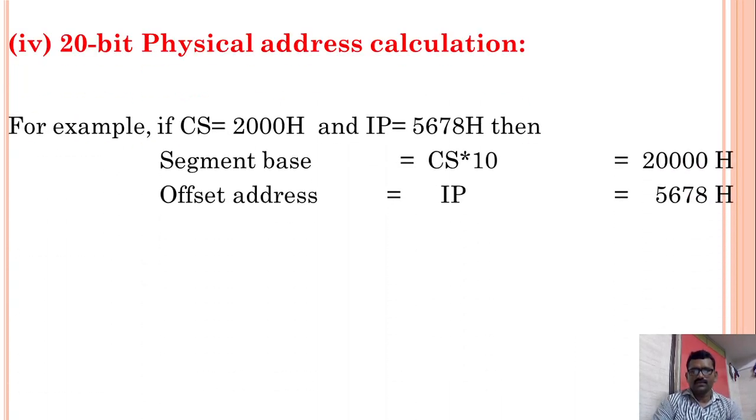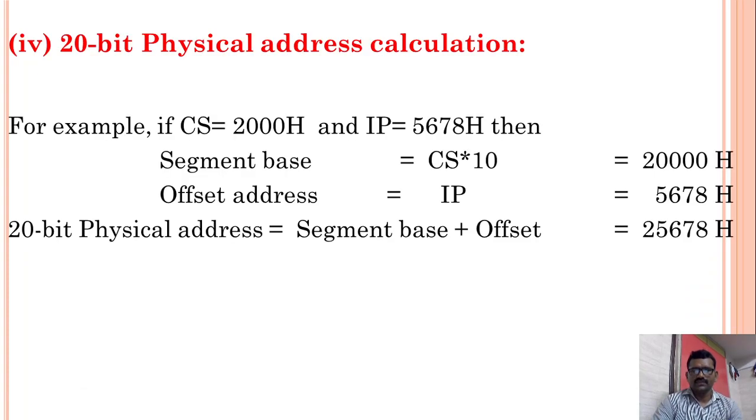Here, for example, CS code segment has 2000H and IP instruction pointer has 5678H. Then the segment address, that is the base address, is equal to CS times 10H. So the bus interface unit shifts the contents of the code segment register to the left by 4 bits, or we can say the bus interface unit adds 4 zeros at the lower side of the starting address of the segment.